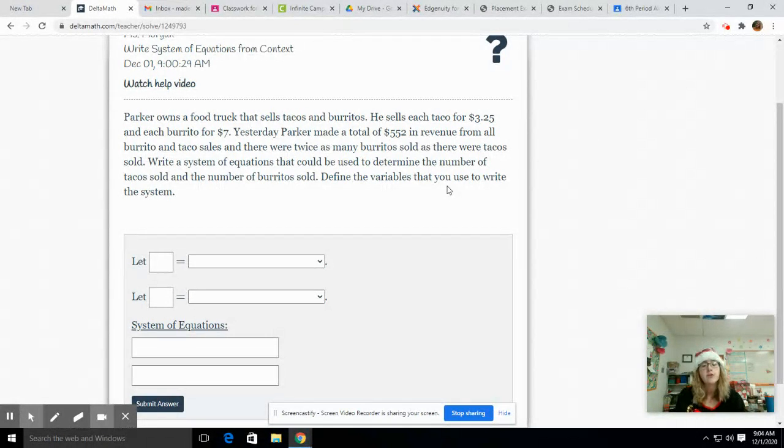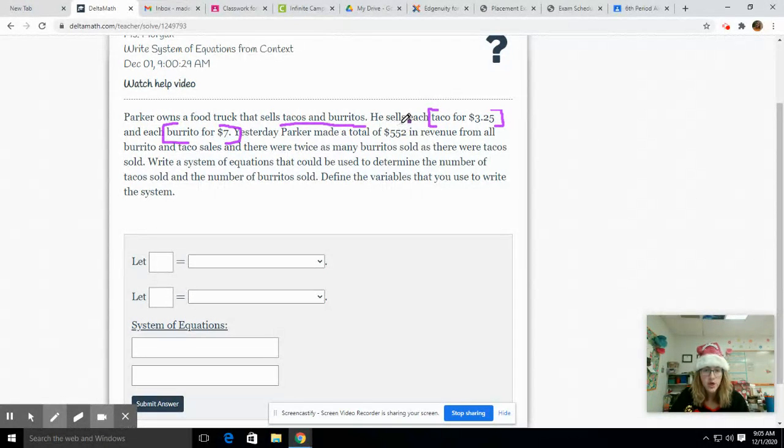For this first part of our assignment, we're just writing the system. We're not worrying about solving it. I recommend starting with highlighting what's important. He sells tacos and burritos. That's important. Each taco costs this much, and each burrito costs this much.